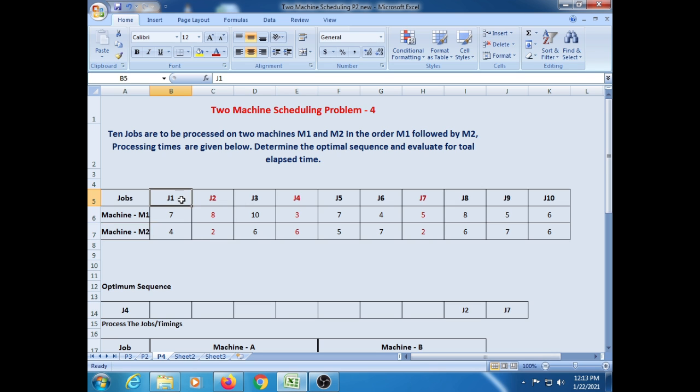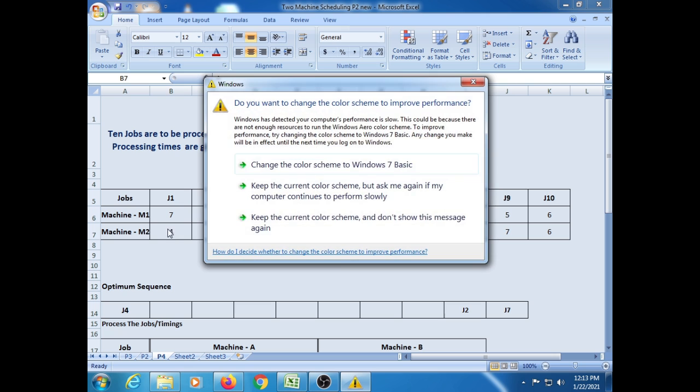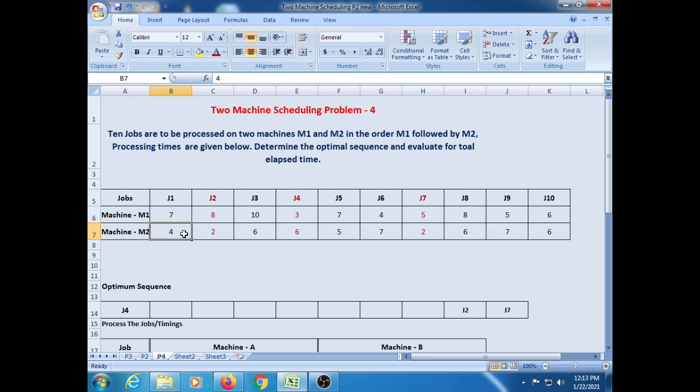So job 1, this 4 processing time is relating to the machine 2. Then where we have to place the job 1? From right to left we have to place the job 1 in the optimum sequence.